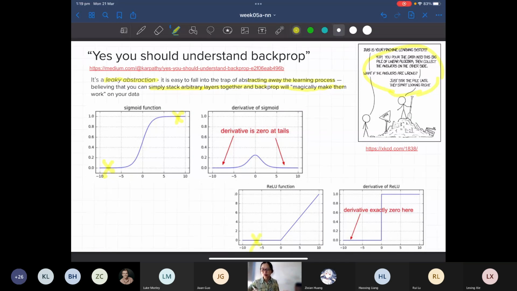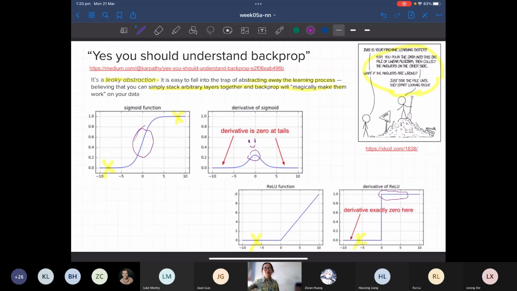Same goes with ReLU. We don't want to be here. The derivative is exactly 0 here. So non-zero derivatives are good. This is the sweet region, and this is the non-zero derivatives region for the ReLU, and we also like that.